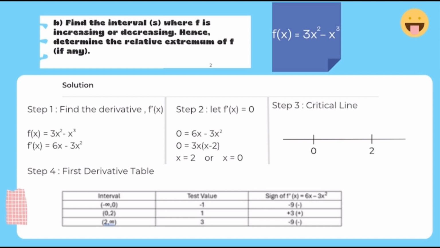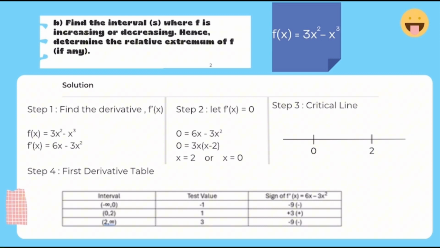For the test value, we can pick any number from 0 to negative infinity. Then we substitute the test value into the differentiated function and get the value, and see whether it has a positive or negative sign.